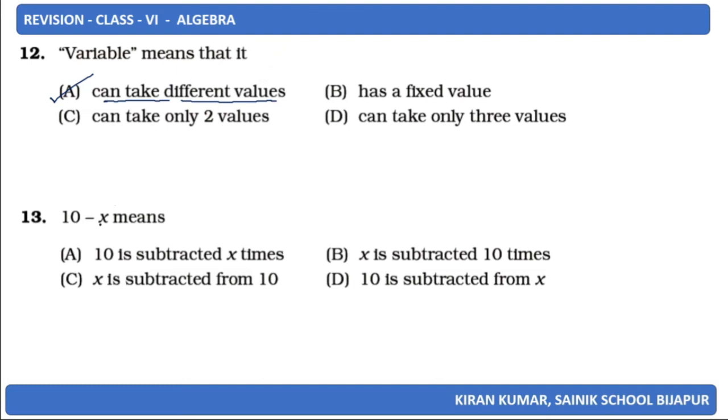Question 13. 10 minus x means: 10 is subtracted from x times, x is subtracted from 10 times, x is subtracted from 10, or 10 is subtracted from x. Here x is subtracted from 10. Option C is the right answer.